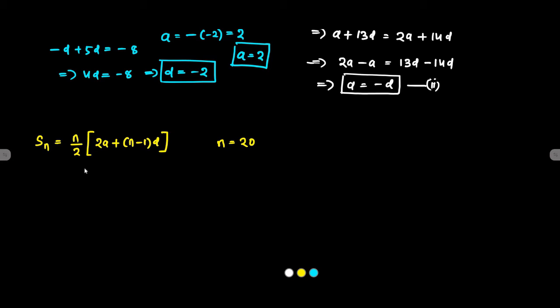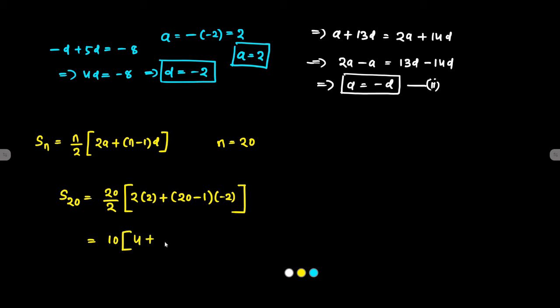If we put the values, the sum of the first 20 terms is equal to 20 by 2 into 2A, that is 2 into 2, plus n minus 1, which is 20 minus 1, into D, which is minus 2. So this is equal to 10 into 4 plus 19 into minus 2, which is equal to 10 into 4 minus 38.